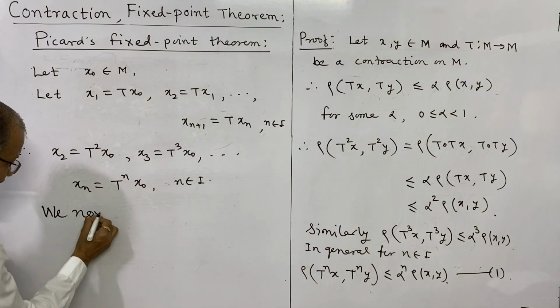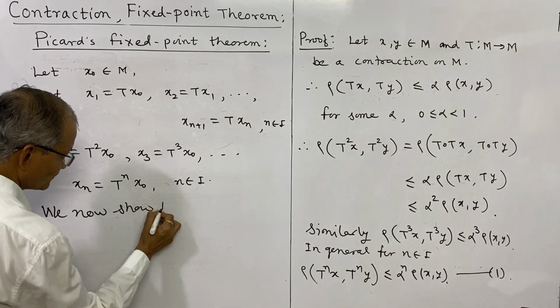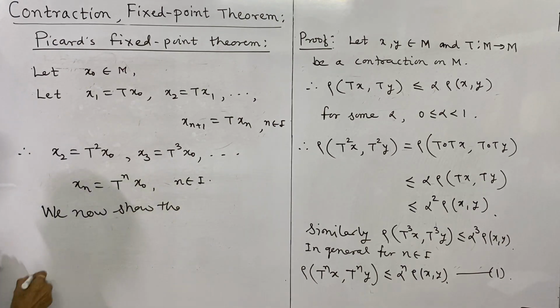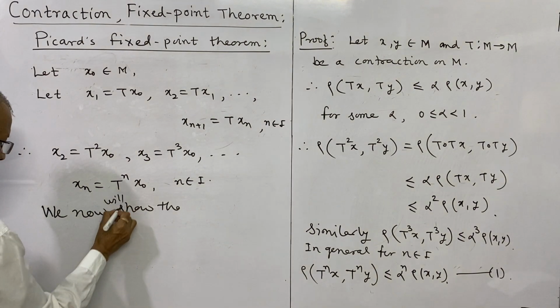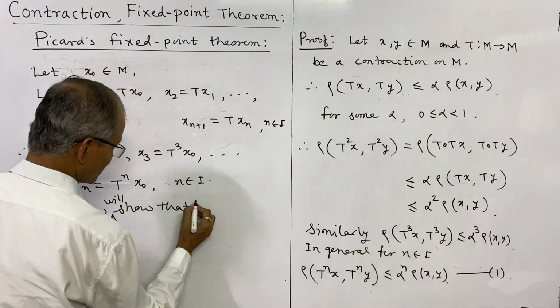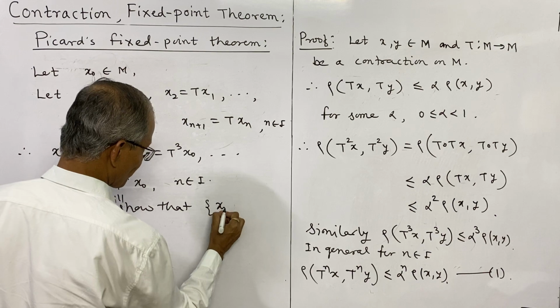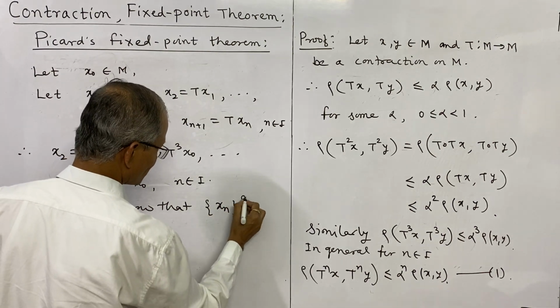We now show that xn is a Cauchy sequence.